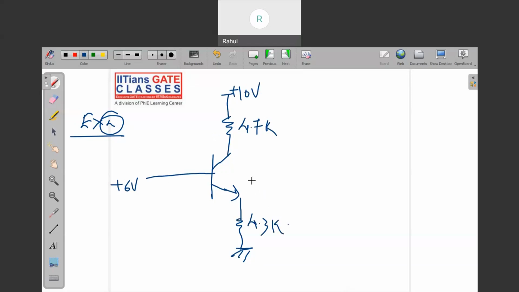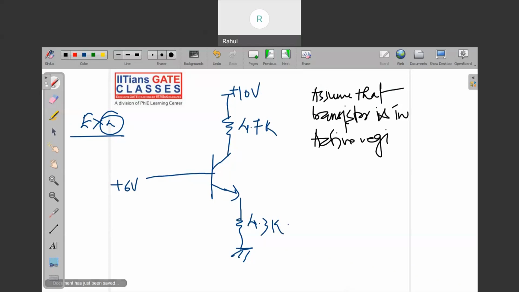So first of all, you can write here, assume that the transistor is in active region.